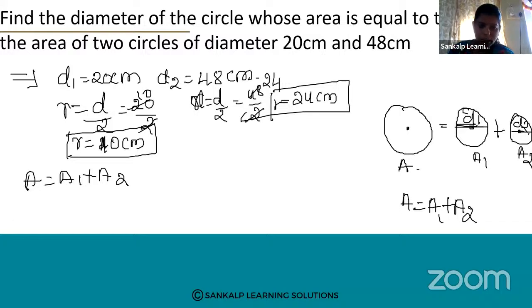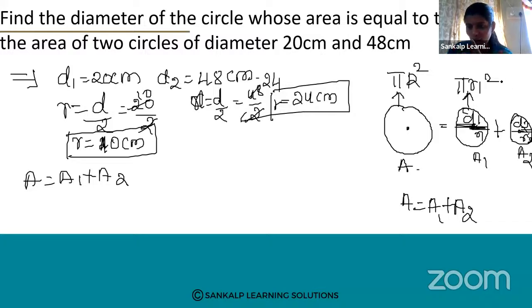Right? So this circle area I will write as pi r square. Okay, pi r square, and this is pi r1 square. So this circle radius is r1, and this is r2. Consider this radius is r1 and this radius is r2.